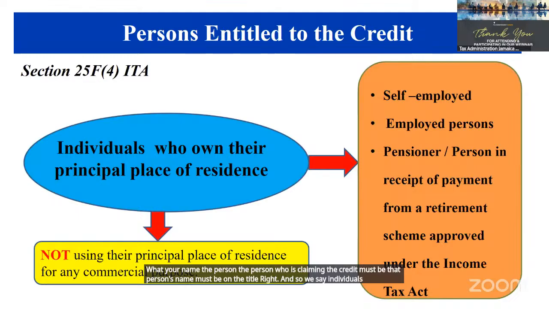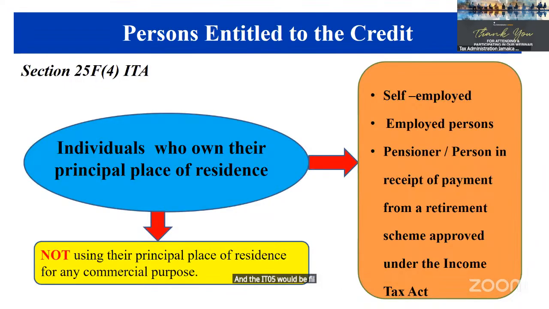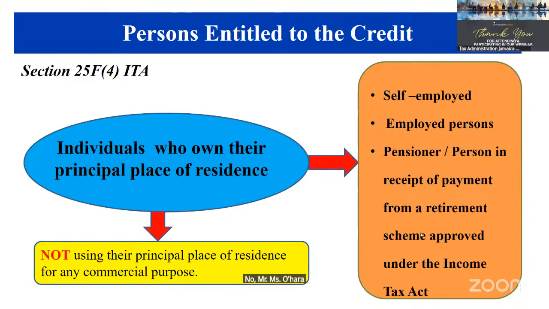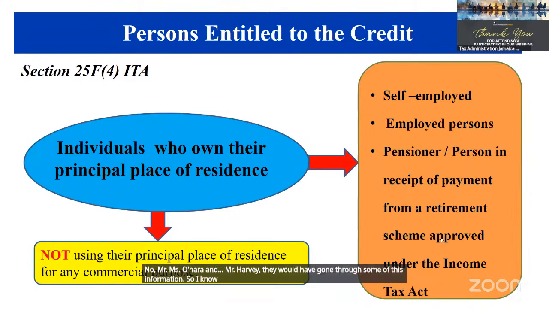So it is individuals who are self-employed, but we're not going to be touching on self-employed today because we're looking at the IT-05. And the IT-05 would be filed by employed persons or pensioners or persons in receipt of income from an approved retirement scheme. Now, Miss O'Hara and Mr. Harvey, they would have gone through some of this information, so I know I can go very quickly, right?